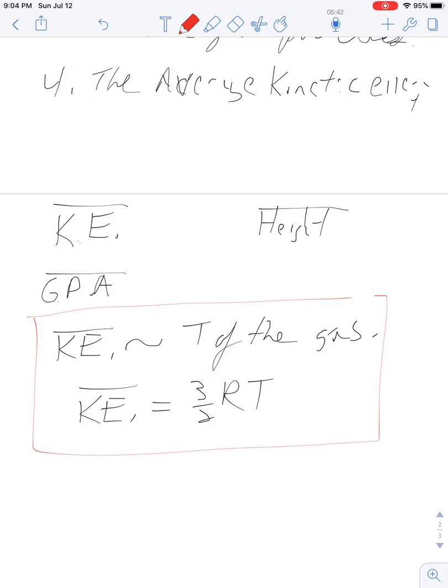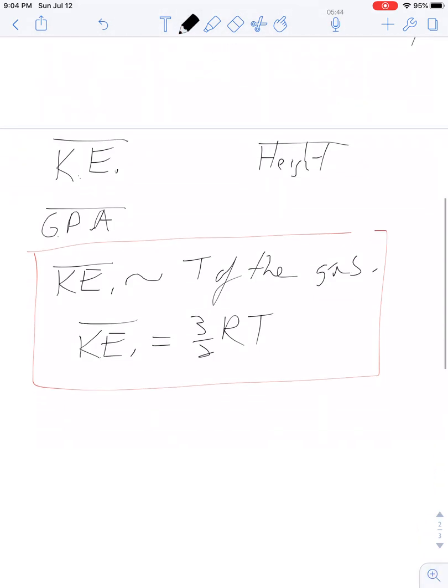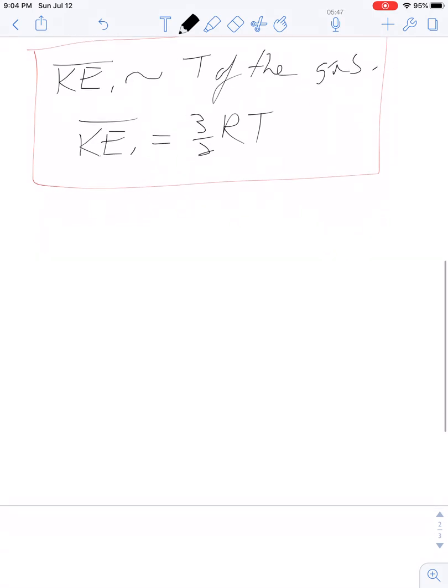Now there are just 2 more definitions I'd like to add before we delve into our next video, which is the proof of number 4 here. Diffusion is when you have 2 gases mixing.